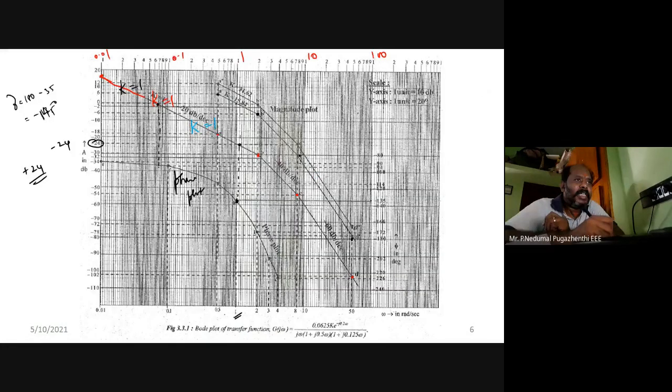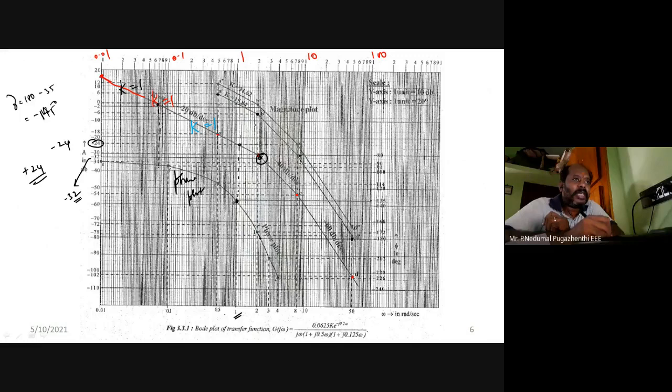Done. What is my second subdivision, A? They are saying that your gain margin has to be 2 decibels. But here with k is equal to 1, I am getting a gain margin of, if you take the minus 180 degree line, it is crossing here, and you can see that it cuts at minus 32.